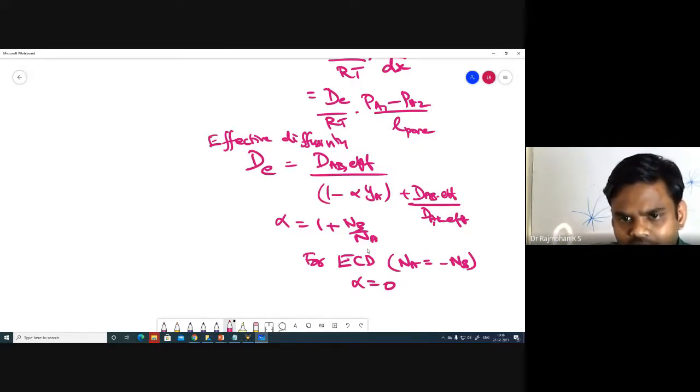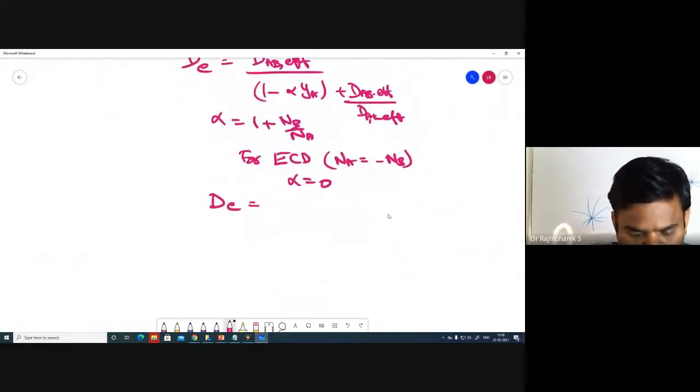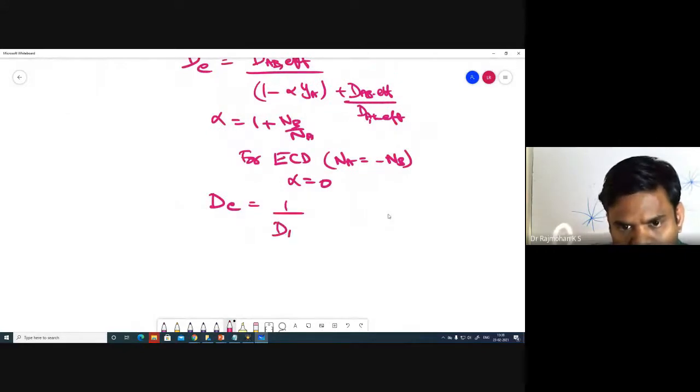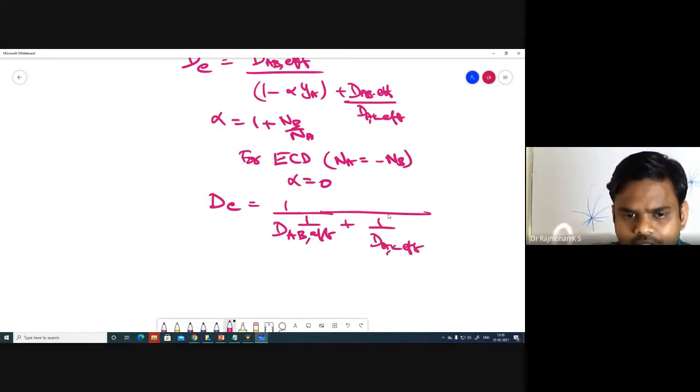In this case we get a simplified expression: 1 by D effective equals 1 by DAB effective, that is molecular diffusivity, plus 1 by DAK effective, which is Knudsen diffusivity. This equation is applicable particularly when D by lambda value is less than 0.3.